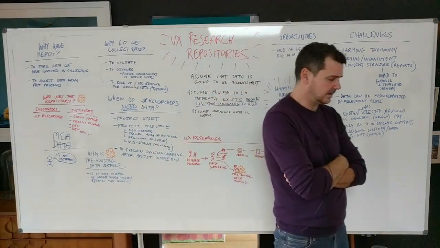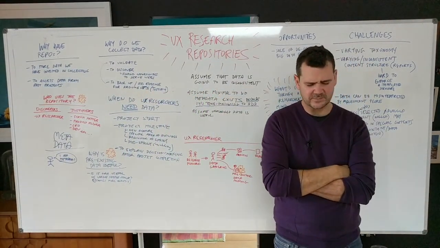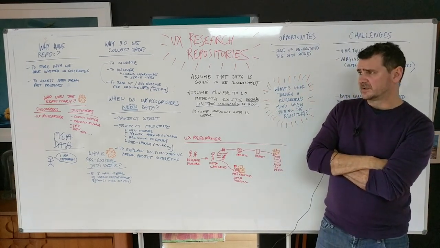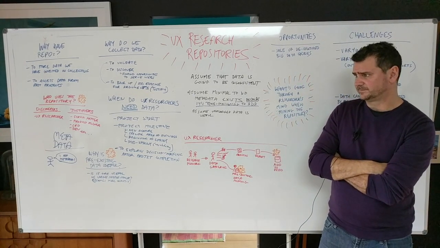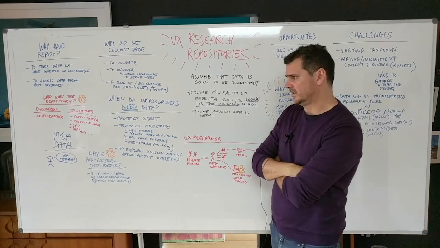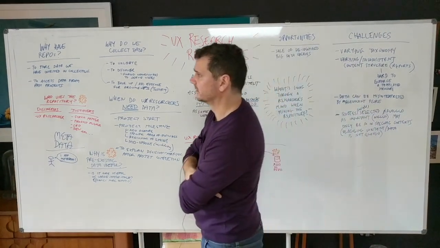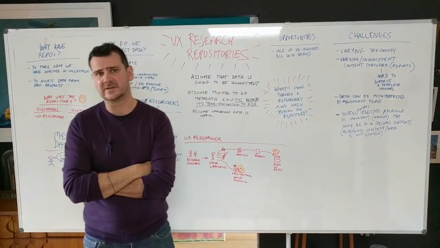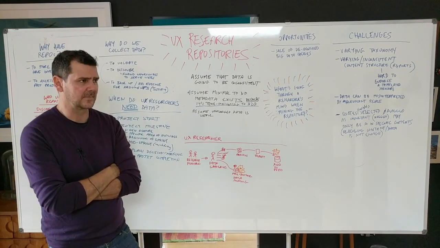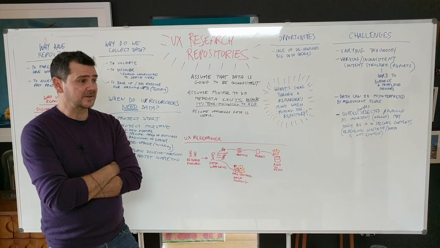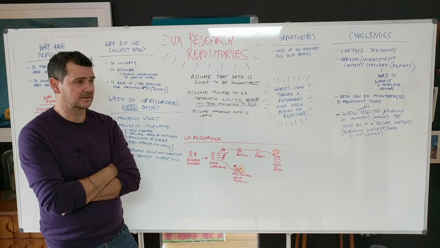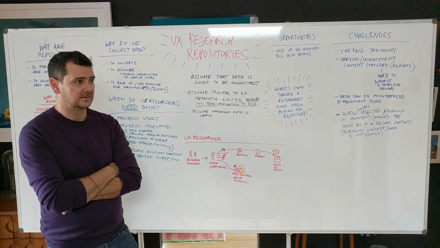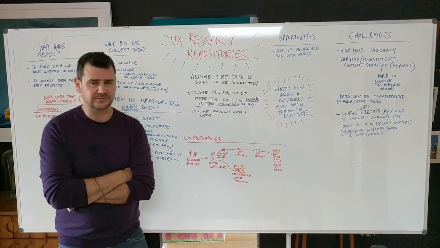Now, I wrote a research plan for another transport provider a couple of weeks ago, and the first question was, is there pre-existing research done? And the question I need to ask myself is, if the answer is yes, what do I want to get out of it?